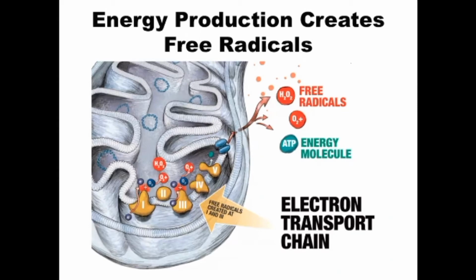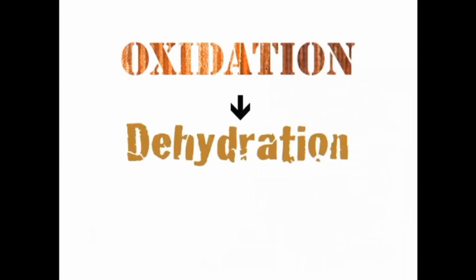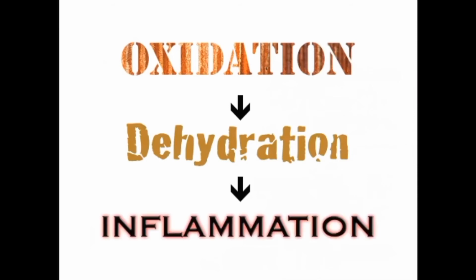Our bodies do all kinds of great things with free radicals, but we're overburdened by them just because of our life and our food supply and our air supply and our water supply all adds dramatically to the burden of free radicals. Remember, oxidation creates dehydration on a cellular level, and dehydration is responsible for inflammation.